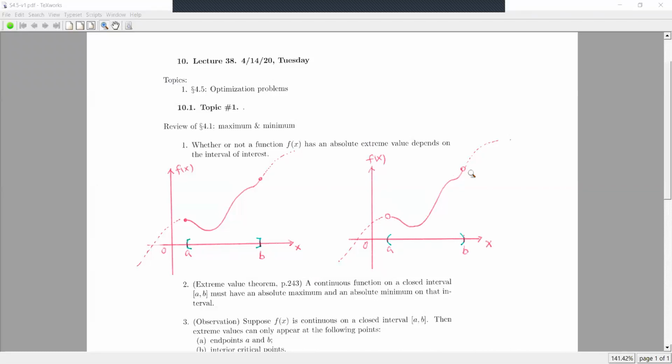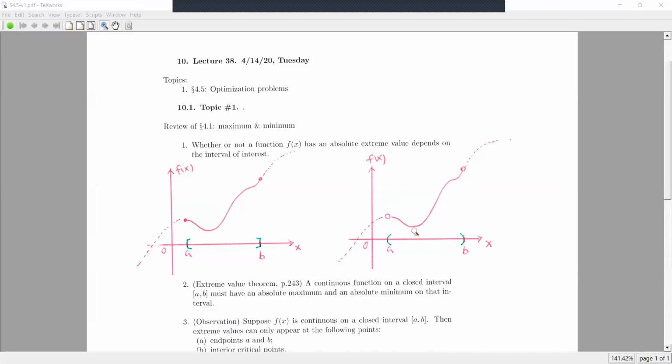That means I don't consider these two points as part of the portion that I am considering. Now, this portion of the graph has no highest point, because this open dot is not part of the portion. So this portion has no maximum value.